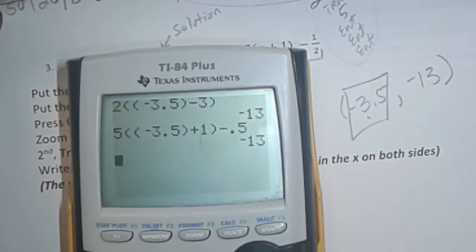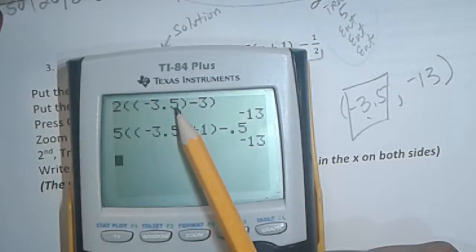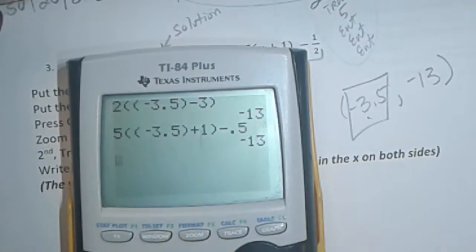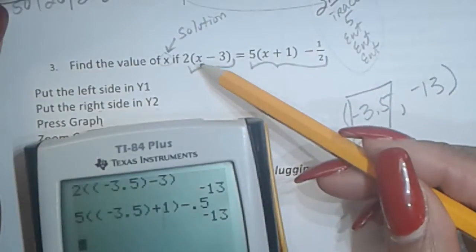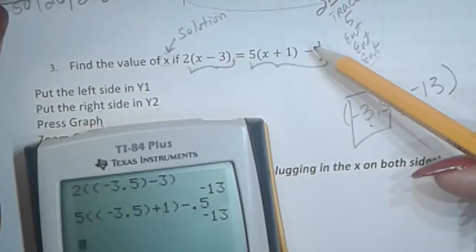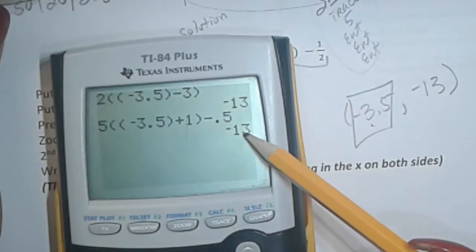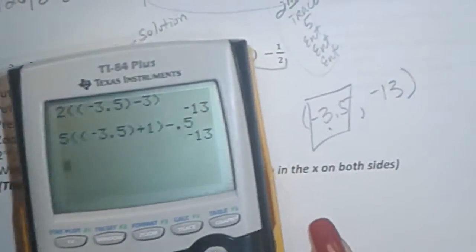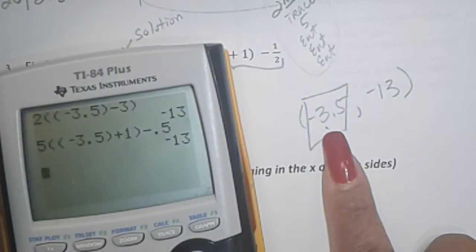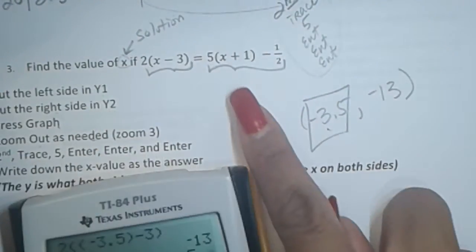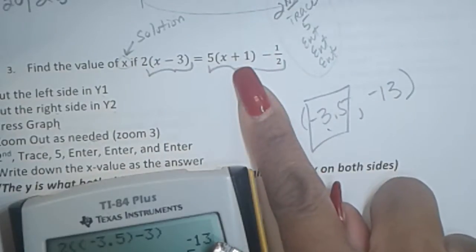As you can see, I have typed in negative 3.5 in the x spot of both equations, the left side and the right side of the problem. And what did I get? Negative 13. So this is the answer to the problem that asks us to solve for x.